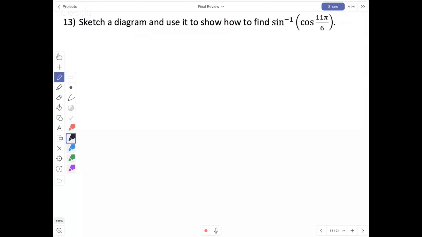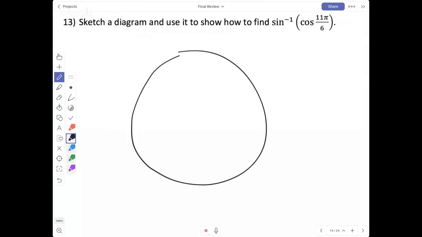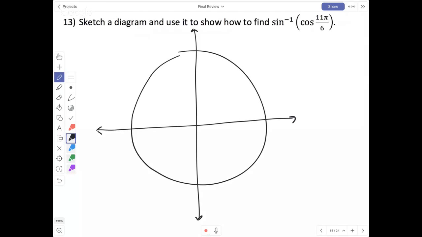Let's talk about this one. This one's real straightforward. Inverse sine of cosine of 11 pi over 6. Well, first of all, what is the cosine of 11 pi over 6? I should sketch 11 pi over 6, which is over here, and draw in that little triangle.